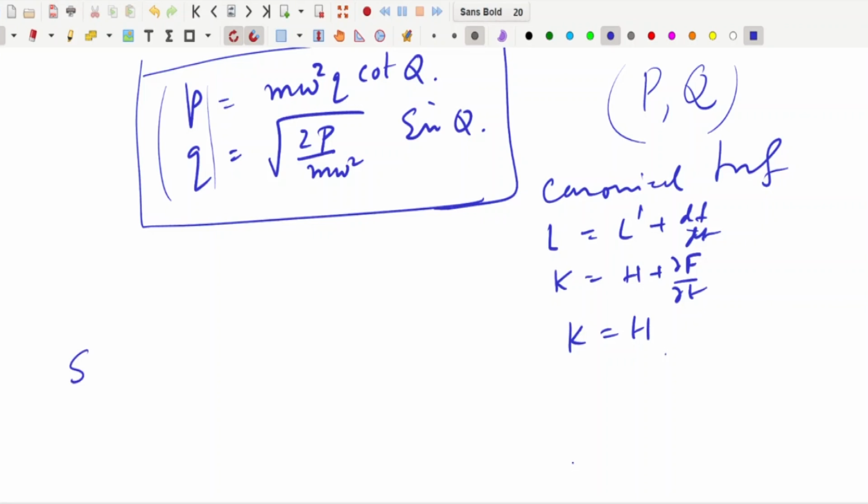Now, let us consider applying this canonical transformation to a simple harmonic oscillator.